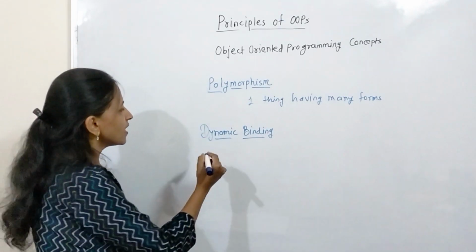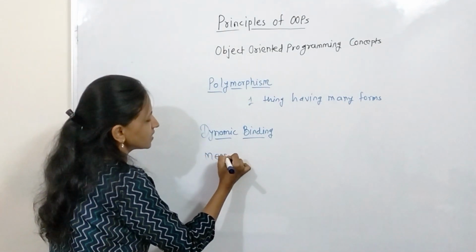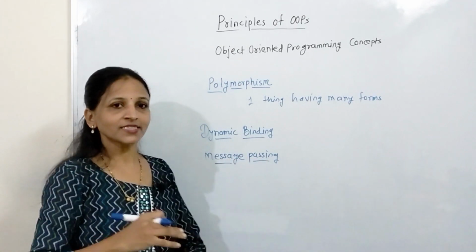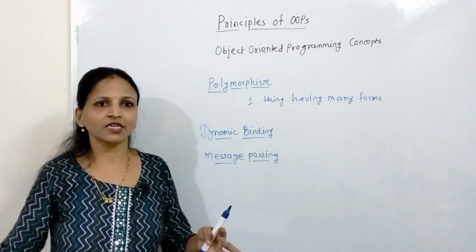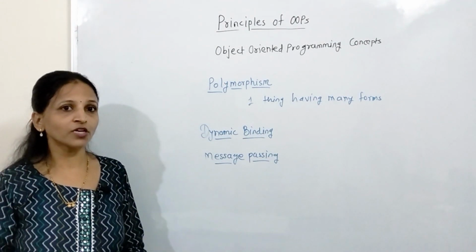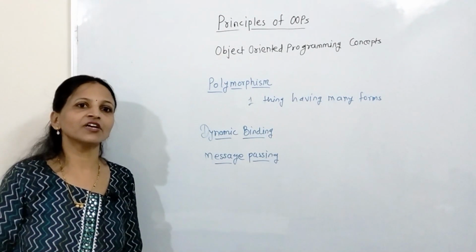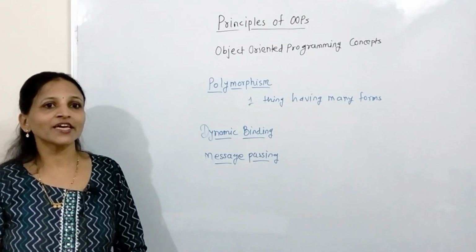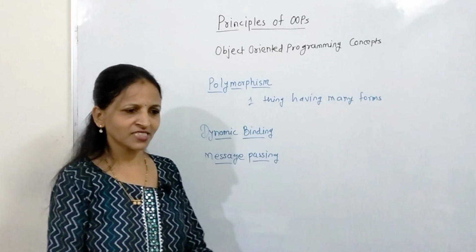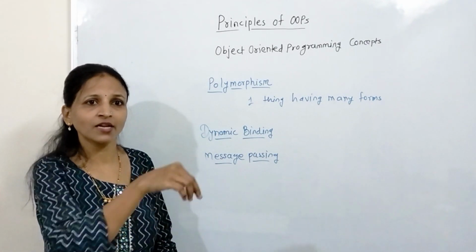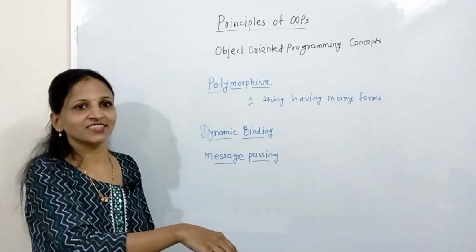And the last one is message passing. Message passing means objects can communicate. Here we are only thinking about objects. There are multiple objects, not only of the same type, they may be of different types also. They can communicate with each other by passing messages to each other. Passing messages is nothing but calling their methods or functionalities.